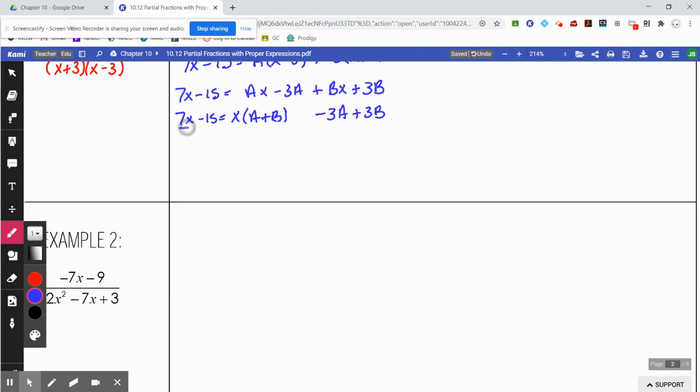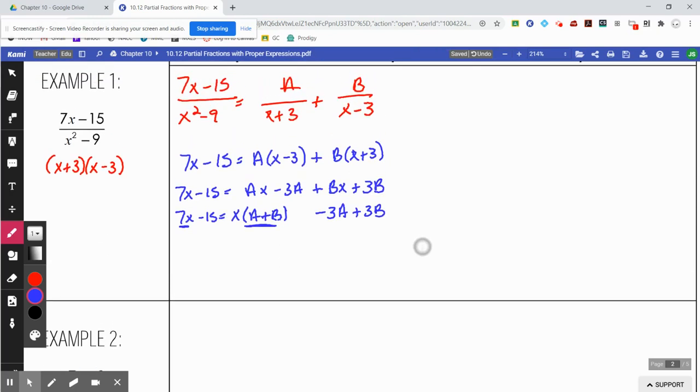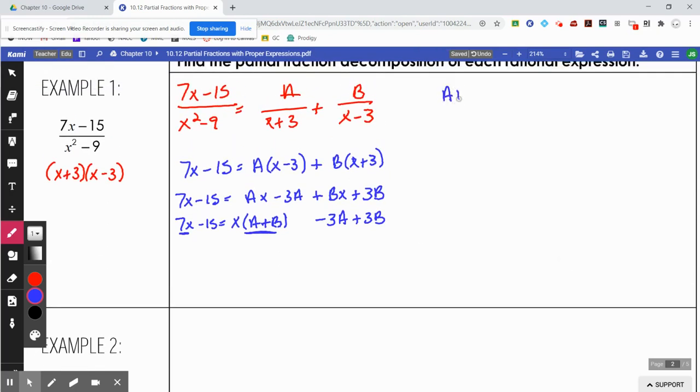Now group your x stuff with your x stuff, and that shows me that A plus B has to be 7, and this stuff has to be negative 15. So negative 3A plus 3B has to be negative 15.